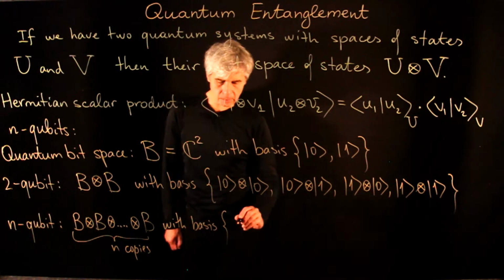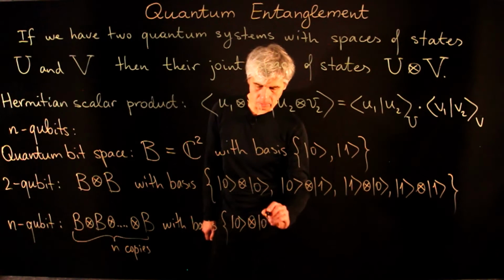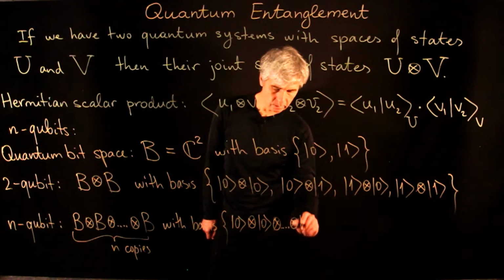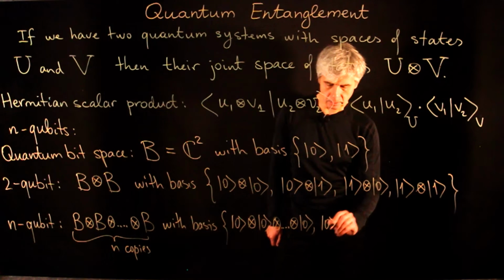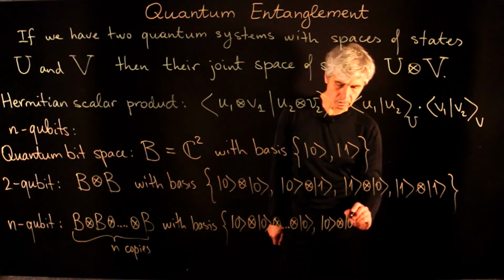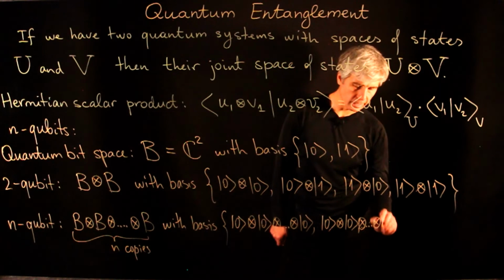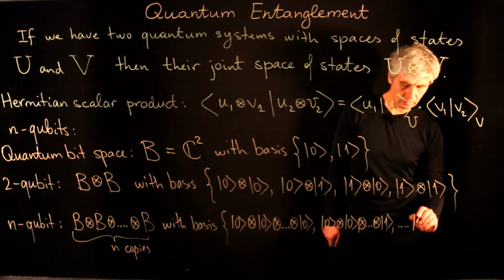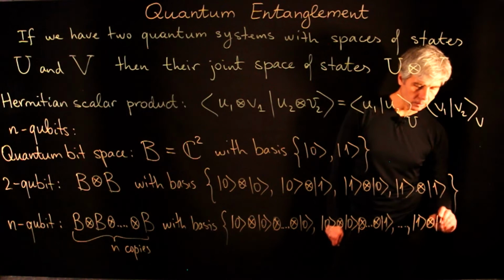The basis of this will be the tensor products: 0 tensor 0 tensor and so on up to 0. The next one will be 0 tensor 0 tensor and so on, with the last factor being 1, and all the way up to the term where we have the tensor product of n ones.